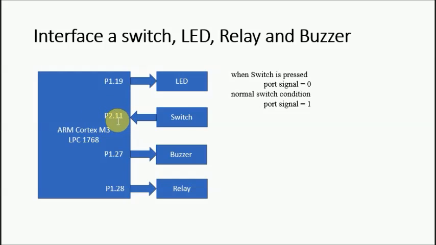So when we press the key, the port signal will be 0, and when we release the key, the port signal will be 1. In the normal situation, if you read port 2 pin number 11, it will be logic high.